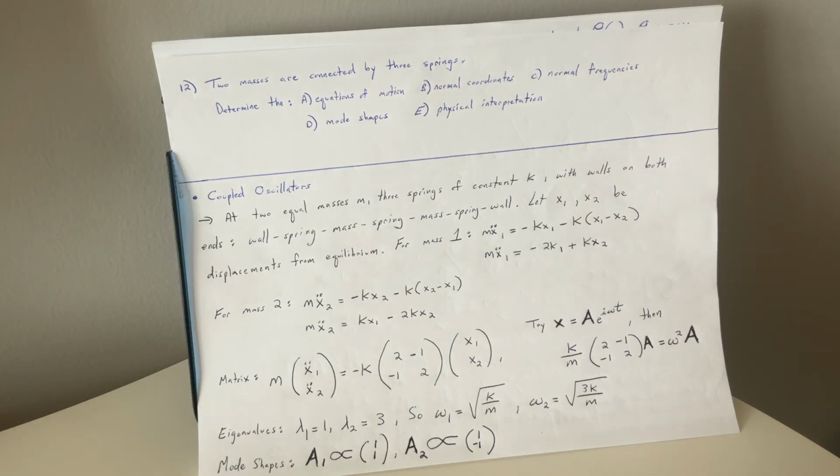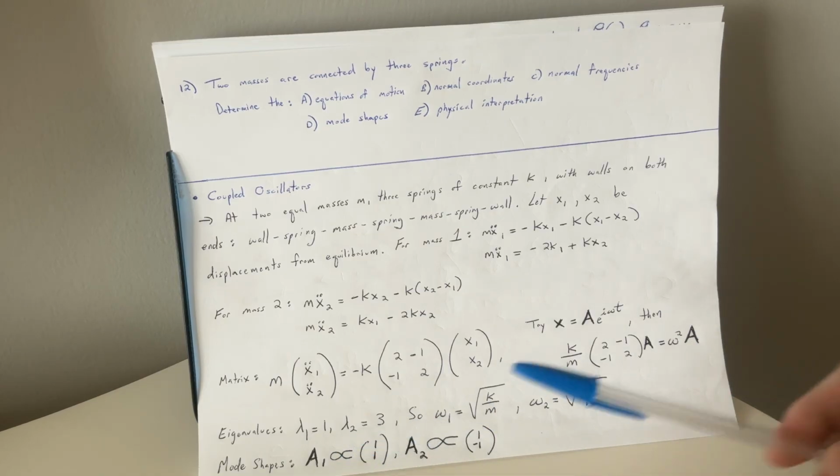So our matrix: m times the column x1 double dot, x2 double dot equals negative k times the matrix with first row 2, negative 1, second row negative 1, 2, times the column x1, x2. We try a equals e to the i omega t, so k over m times the matrix 2, negative 1, negative 1, 2, times a equals omega squared a.